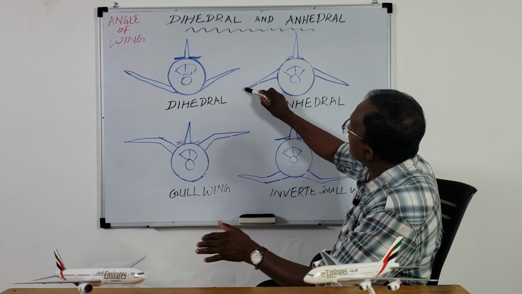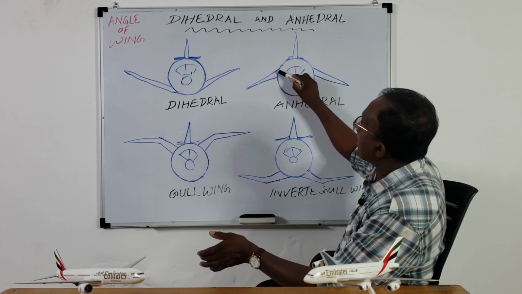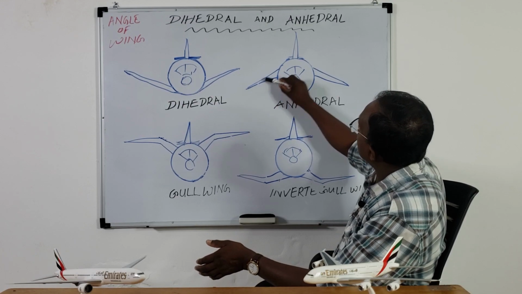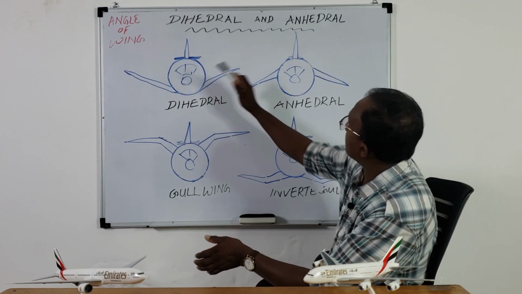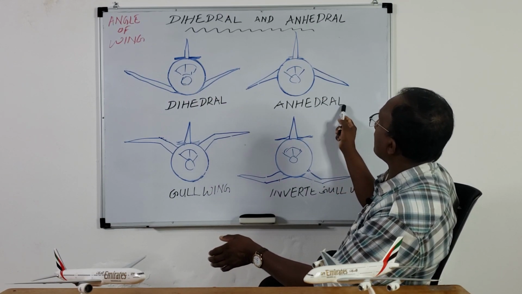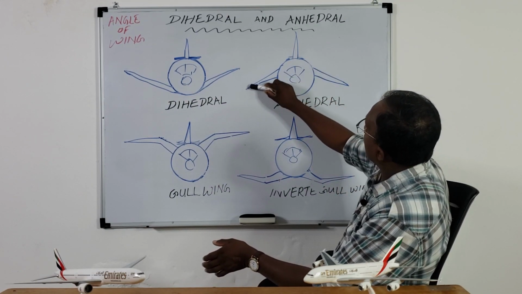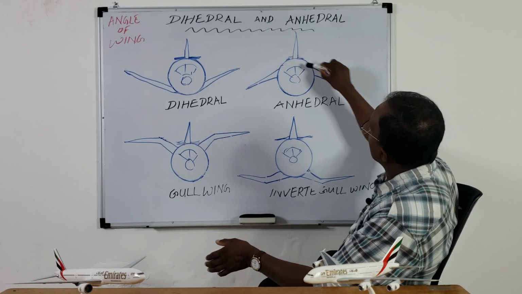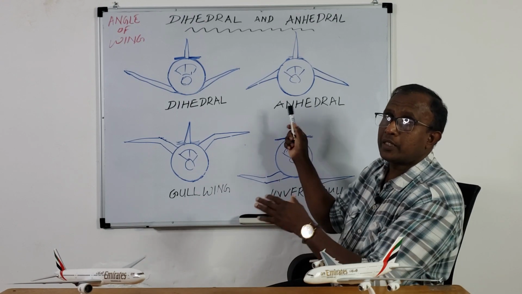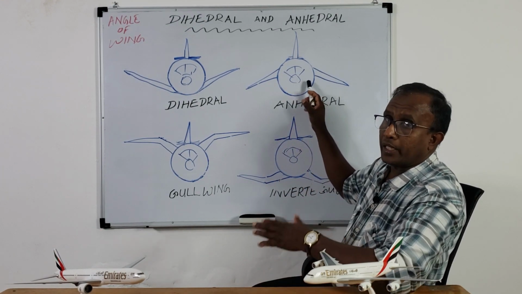So wing tip is lower than the root. So the shape is like this, just opposite of dihedral. That's why it's called anhedral, opposite V. Okay, mainly this type of aircraft used for heavy transport like cargo aircrafts.